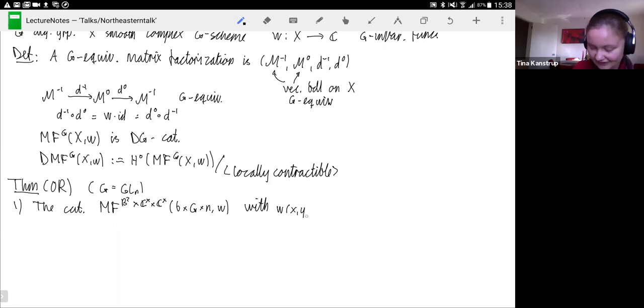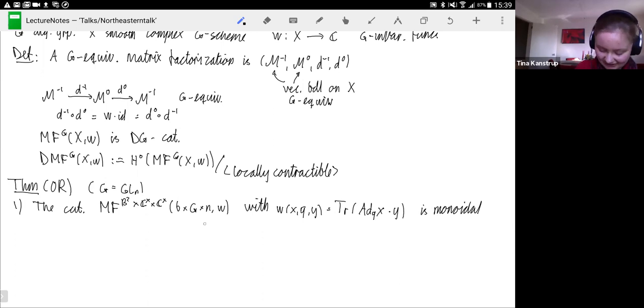So the potential, this was supposed to be G. I just take the trace, if I take the adjoint action of G on X, and I multiply these matrices together. The statement is that this is monoidal. But the more interesting statement is that this carries a braid group action by convolution.